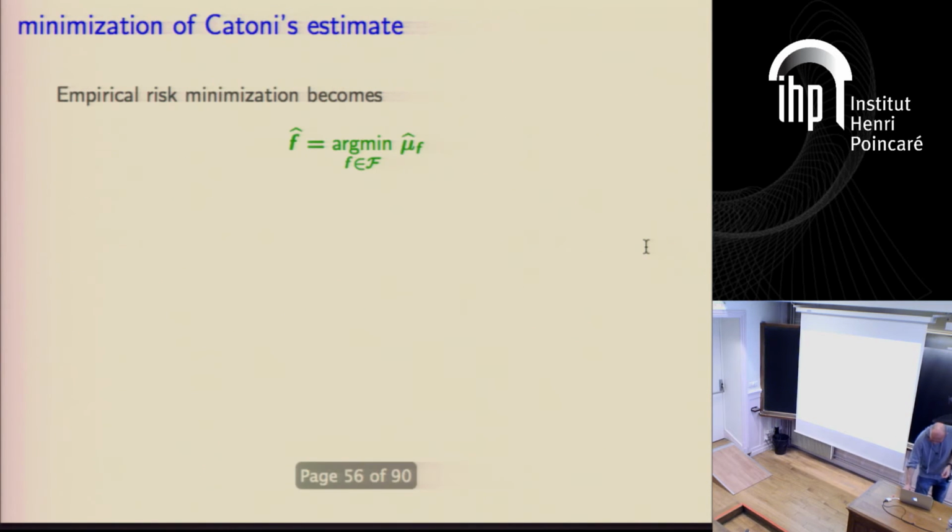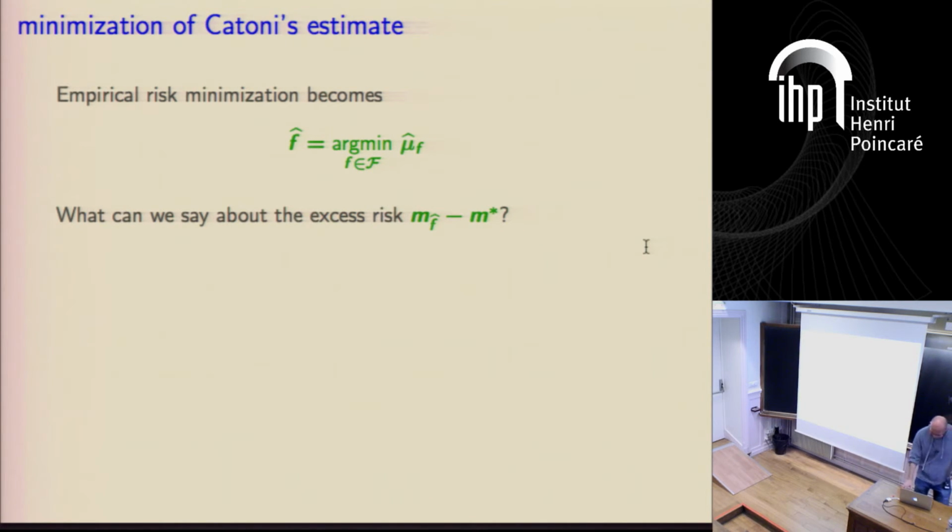Now the empirical risk minimization is simply to choose the f that minimizes Catoni's estimate. For each f, we calculate Catoni's mean estimator, which is already a convex optimization problem. We solve it, and then we minimize over all f. Here's another computational problem: under some special cases, can you compute this efficiently?